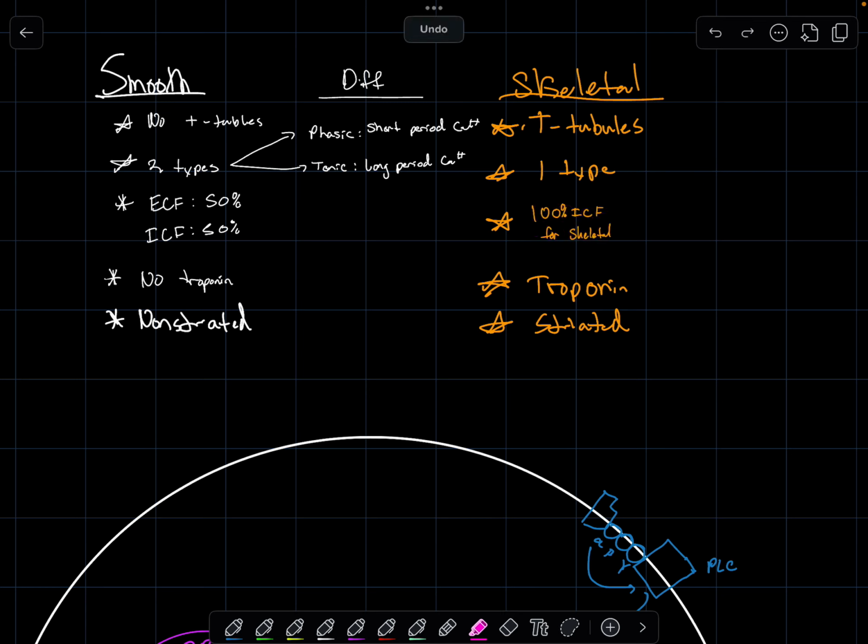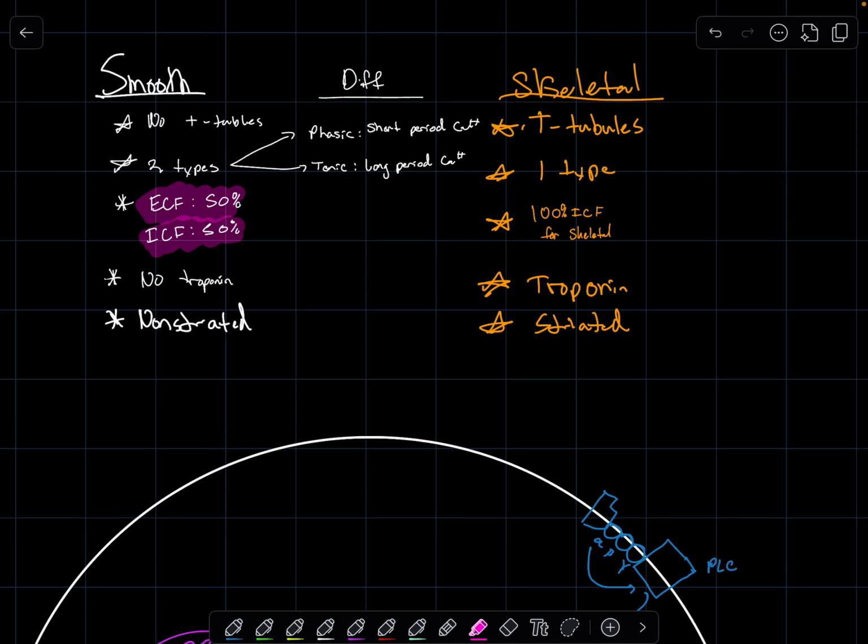And we also know that on the actin, or surrounding the tropomyosin, is troponin. These are also striated. Now, the difference is that smooth has no T-tubules. And because it has no T-tubules, not 100% will come from the ICF. Only 50% of the calcium will come from the ICF, and 50% will come from the ECF.